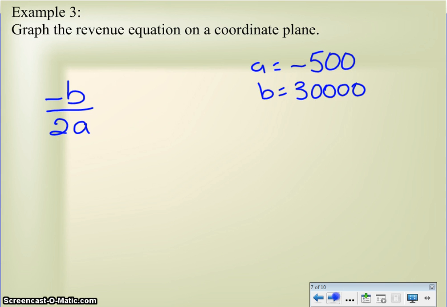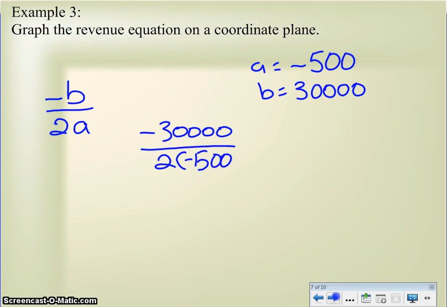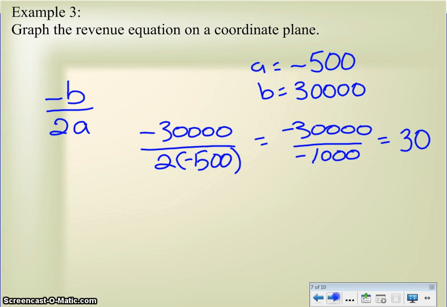So when plugging this in, we've got negative 30,000 divided by 2 times negative 500, which equals negative 30,000 divided by negative 1,000, and we end up with 30. So go ahead and finish writing this through, and on our next video, we will actually graph it.